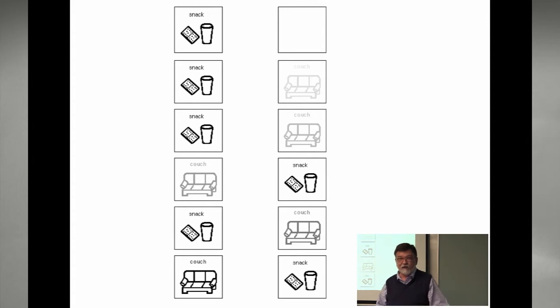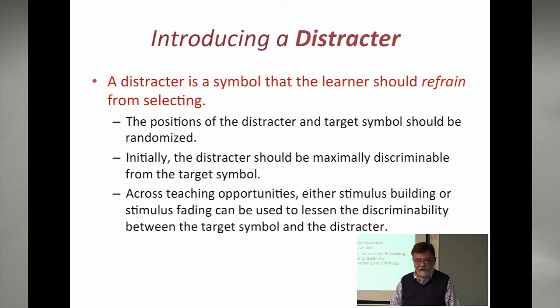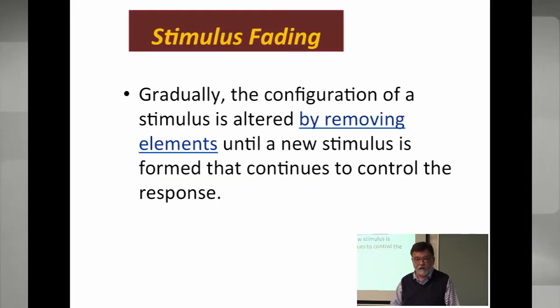Other ways to build the distractors are to increase the number of symbols that are in the communication array while the learner's continuing to be able to make a correct selection. They refer to it as introducing a distractor, and I've placed a slide in this packet describing an example of what that would look like for you.